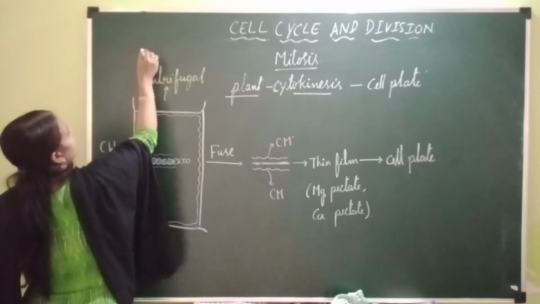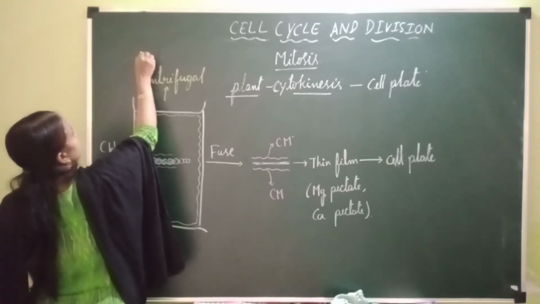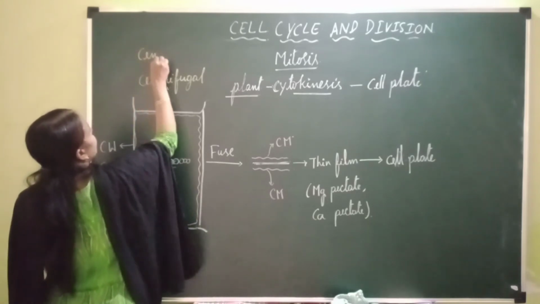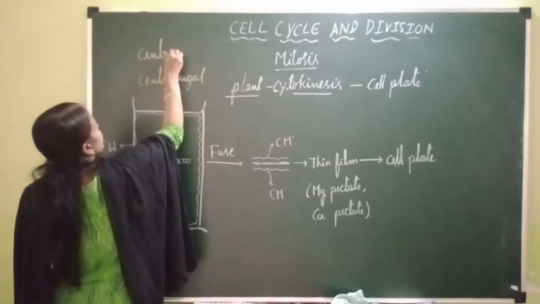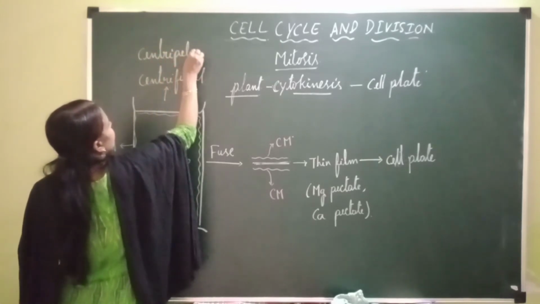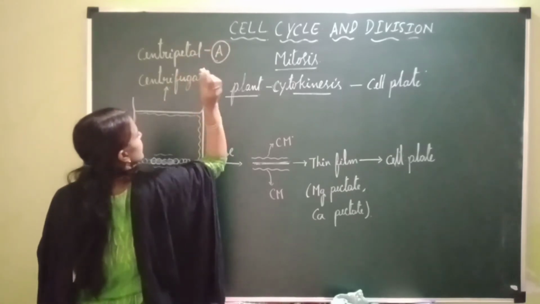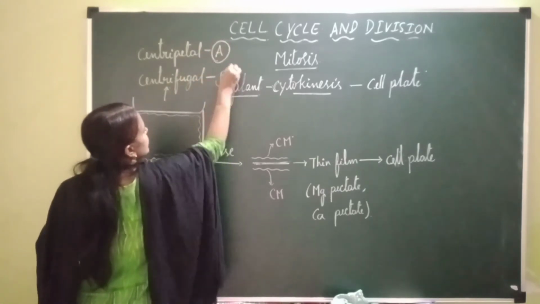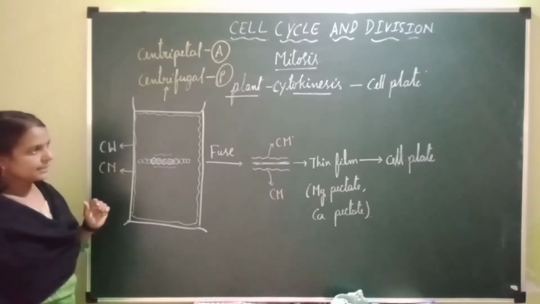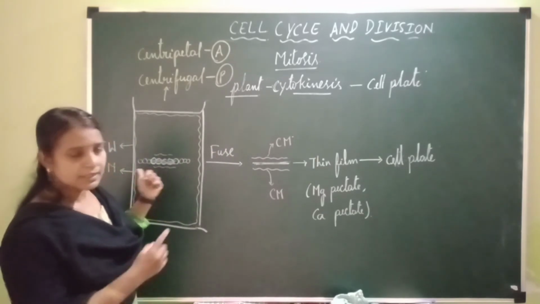That type of cytokinesis in animal cells is called centripetal cytokinesis. So centripetal cytokinesis occurs in animal cells, and centrifugal cytokinesis occurs in plant cells.